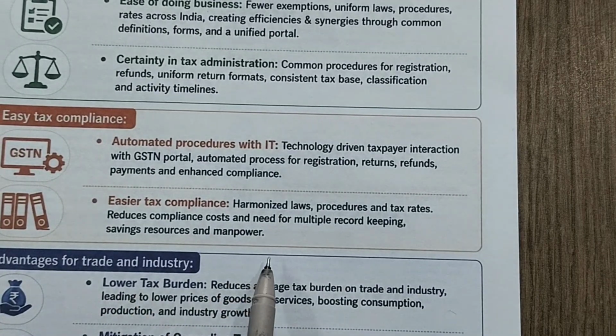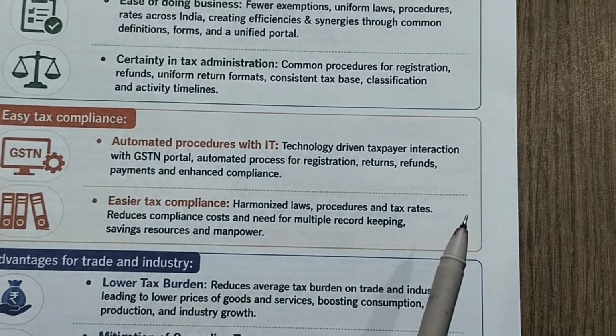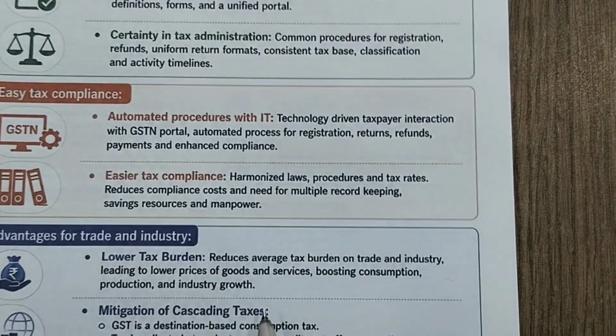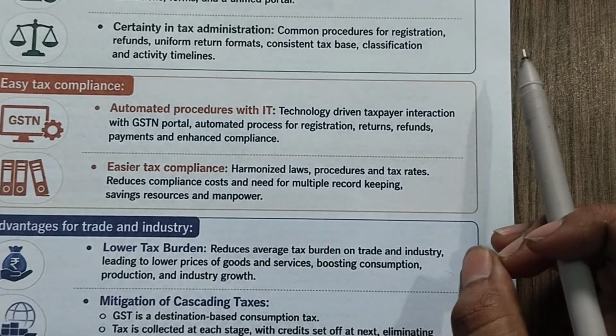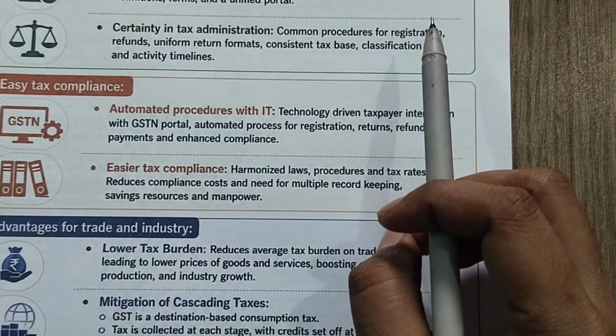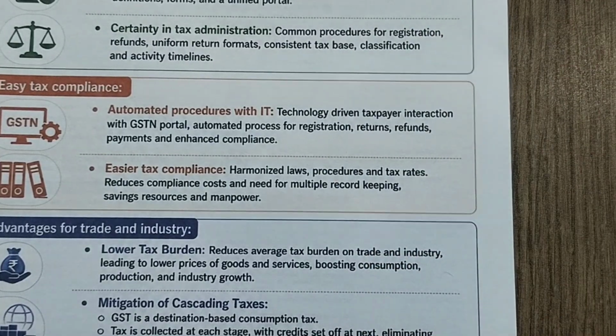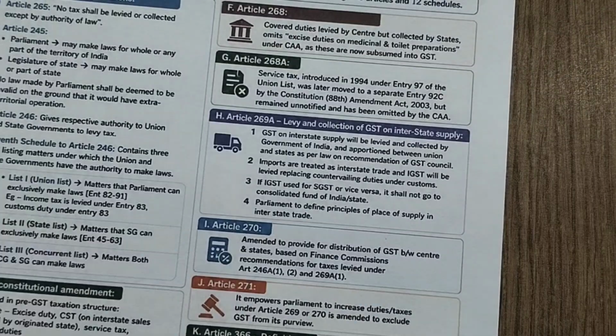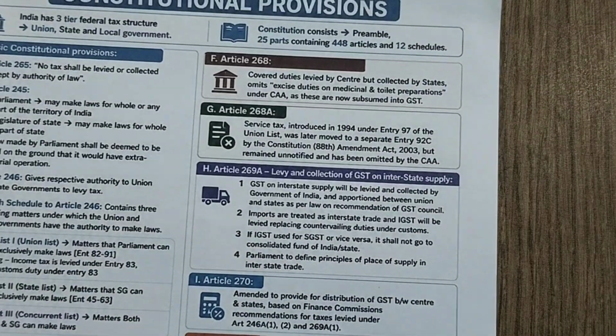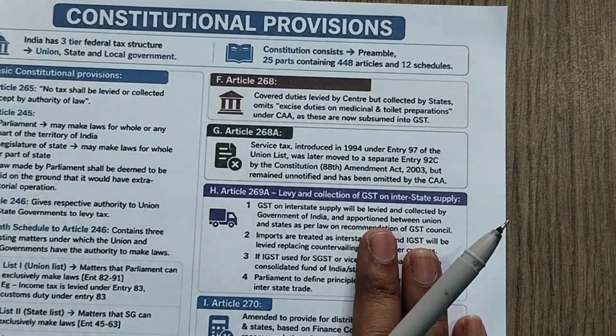Advantages for trade and industry: lower tax burden, mitigation of cascading of taxes. GST provides a unified, transparent, efficient, and growth oriented tax system for the benefit of the economy, industry, and taxpayers. The constitutional provisions of the GST.